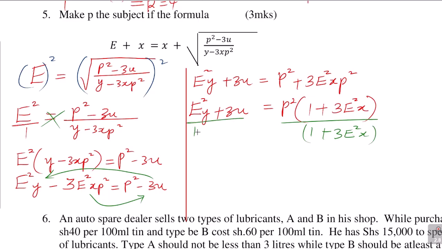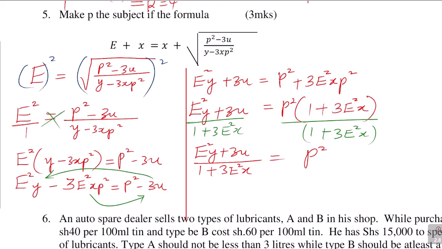This side also 1 plus 3e squared x, and this will give p squared as (e squared y plus 3u), everything divided by (1 plus 3e squared x).